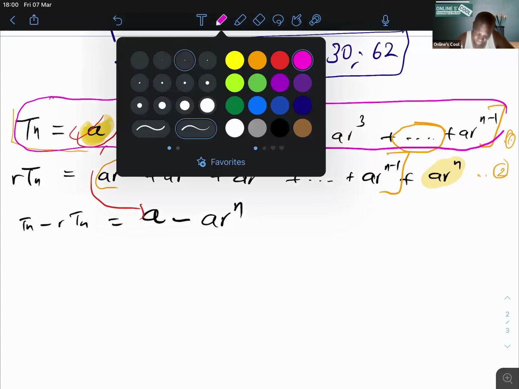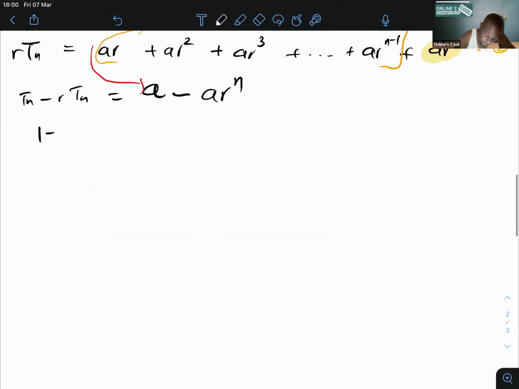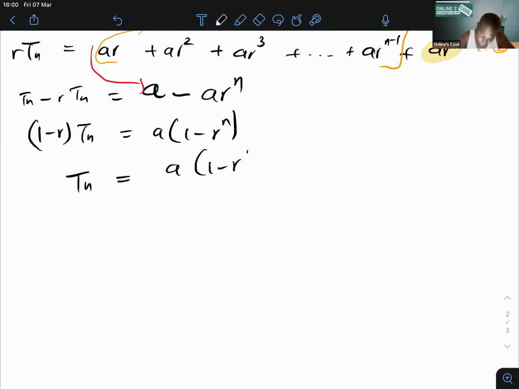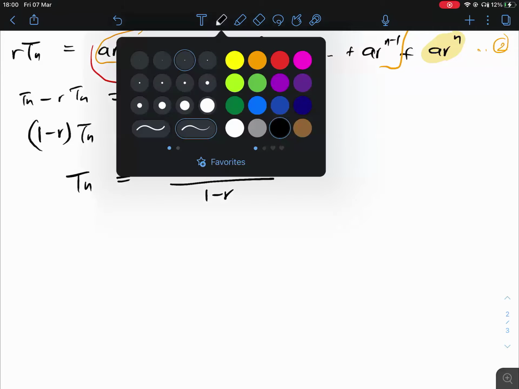Now I can determine what Tn is by taking out the 1 over r. So I have 1 minus r, Tn is equal to A, and I can just take out the A as a factor as well. Does this equation look familiar? Very familiar. Very intriguing.